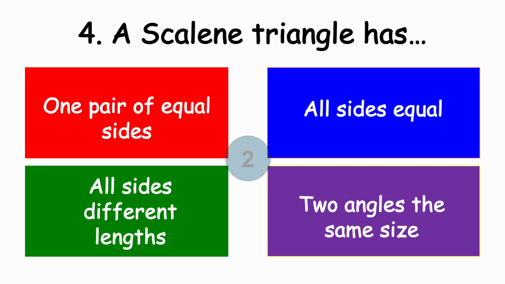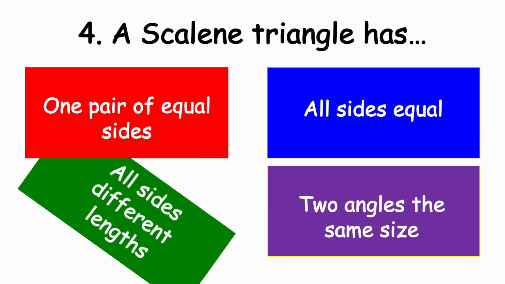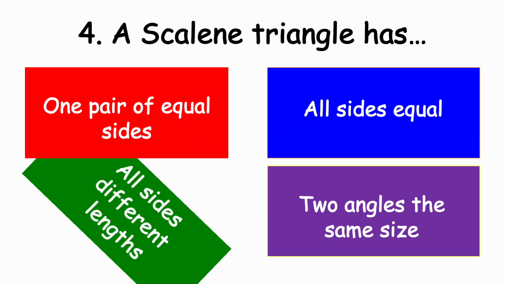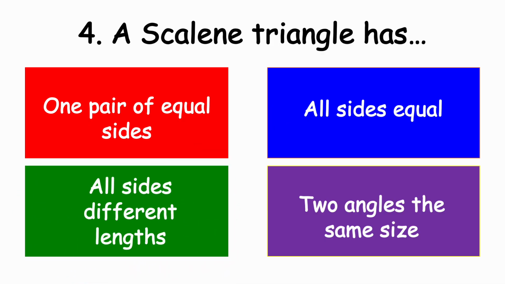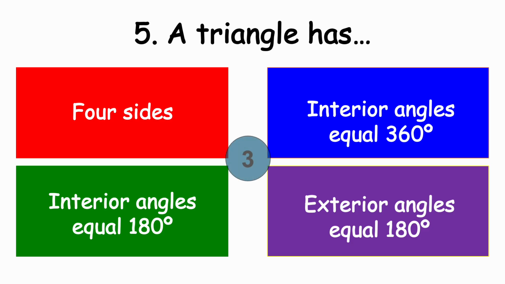A scalene triangle has... 3, 2, 1. Choose. Can you complete the following sentence? A triangle has... 3, 2, 1. Choose.